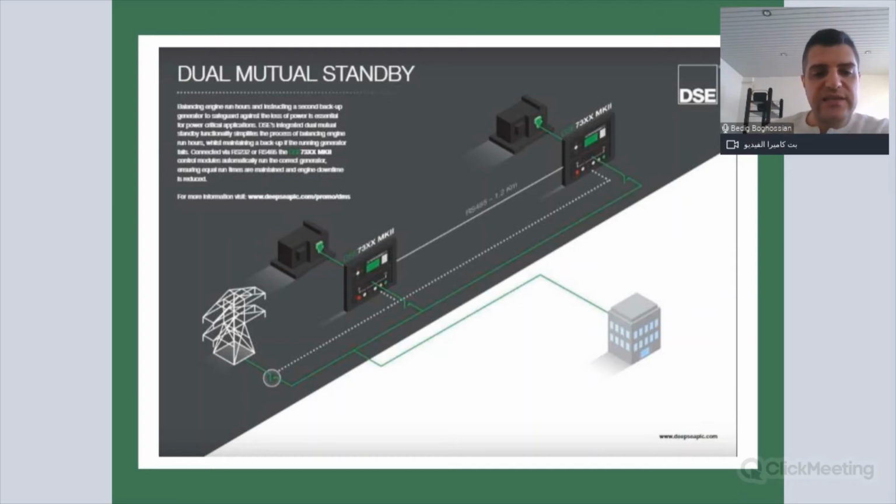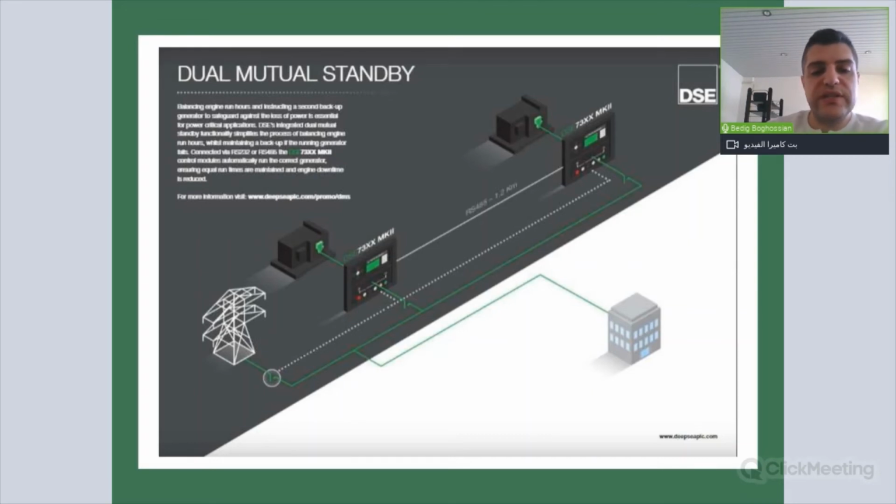Within this SLD, you notice that you have a mains source. You can also apply a 3-source ATS application using the 7320 MKIII. Because the 7320 is an AMF module, that means it can sense from the mains.